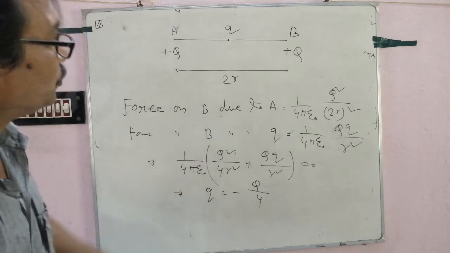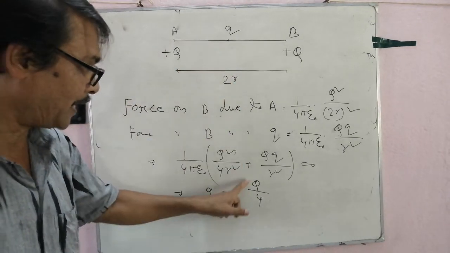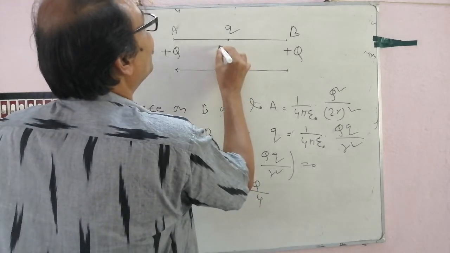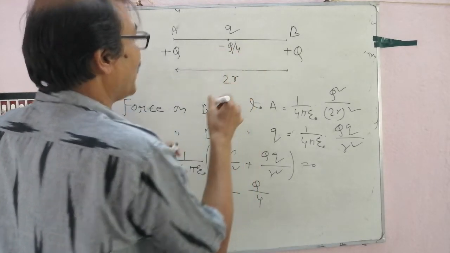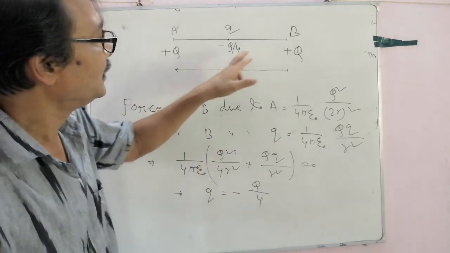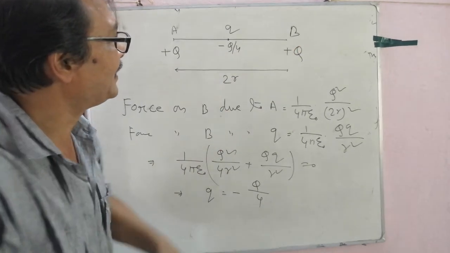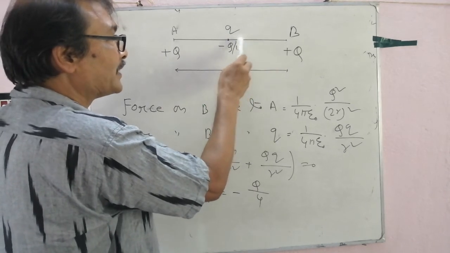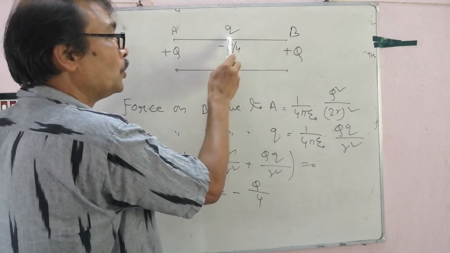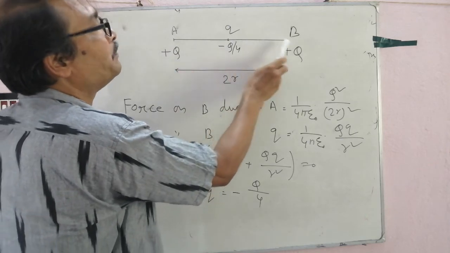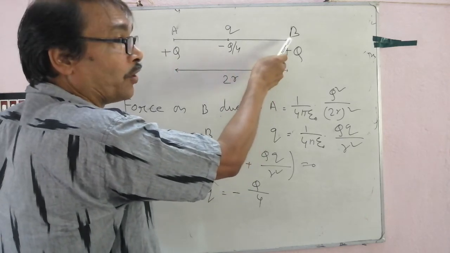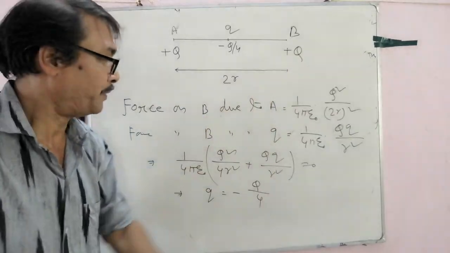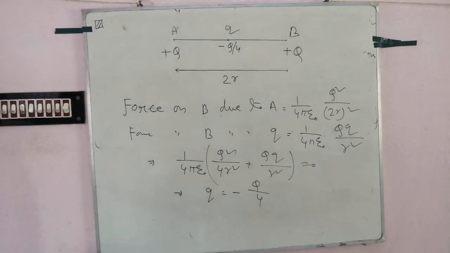Follow, so the nature of the charge is negative and the value is Q by 4. When this charge B is slightly displaced here, this charge will attract it towards the center, but this charge will repel it, so it will move to its original position. Okay, this is called stable equilibrium.